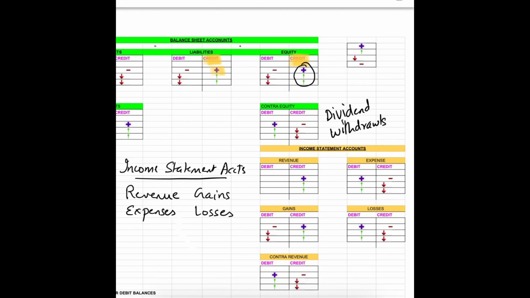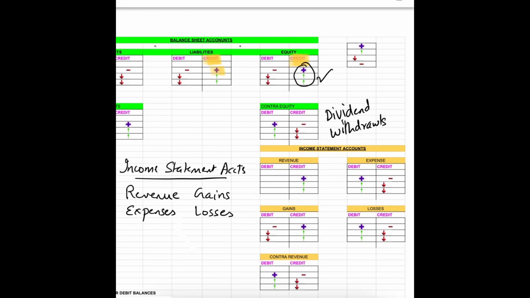Now let's talk about the increases and decreases of the income statement accounts. Revenues and gains increase the equity account, and expenses and losses decrease the equity account. When the stockholder equity is increased, on what side of the T account is it recorded? On the credit side. It's recorded on the right side.